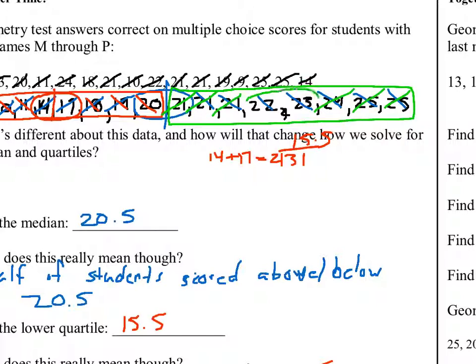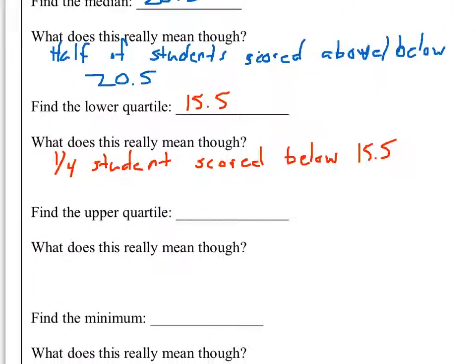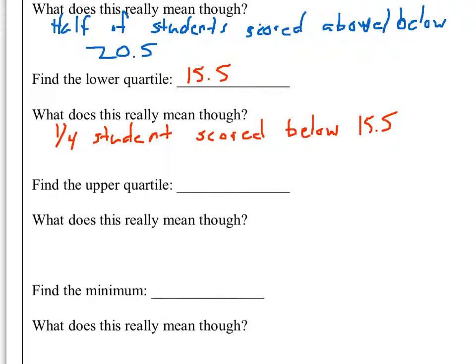I have a split quartile. Good news, though. They're right next to each other. So, Maureen, if they're right next to each other, 22 and 23, what's in between 22 and 23? 22.5. Saves us some time.